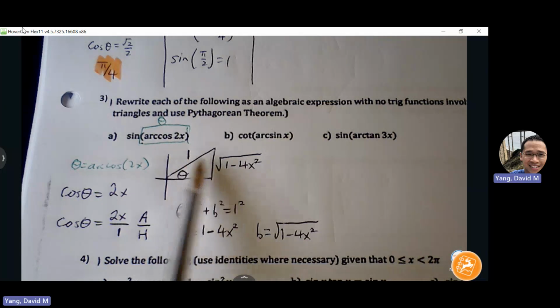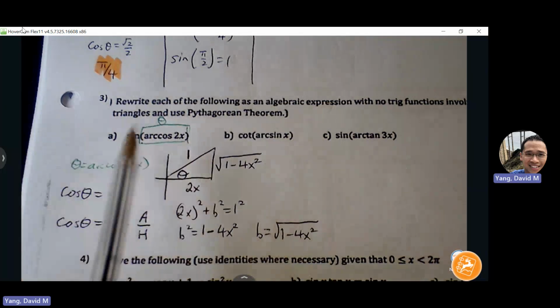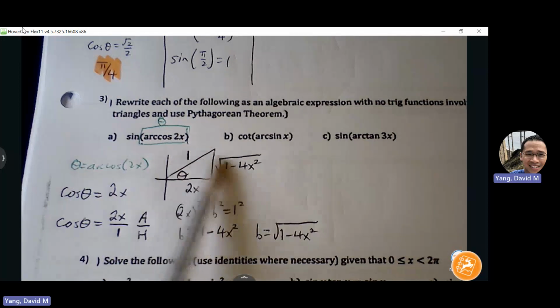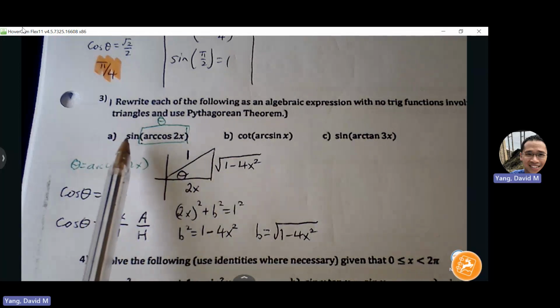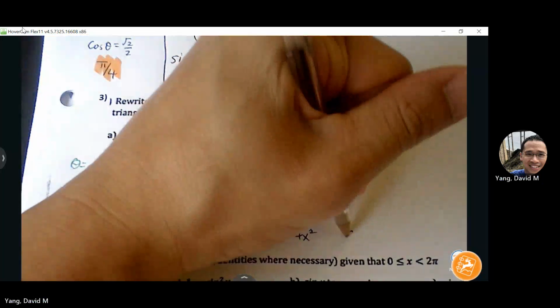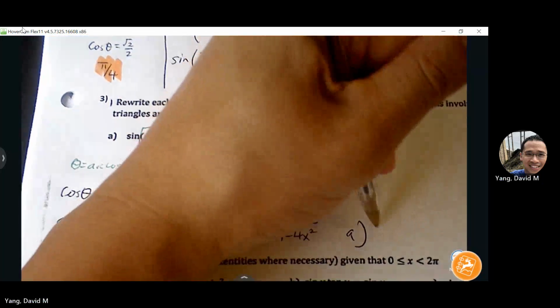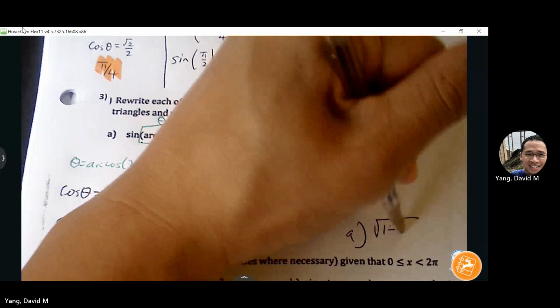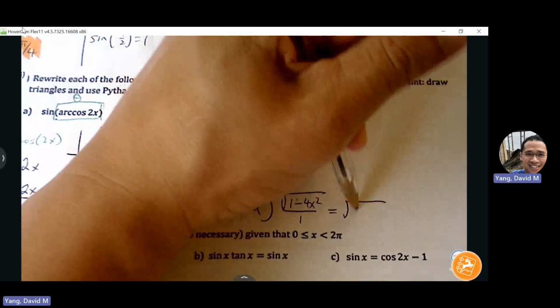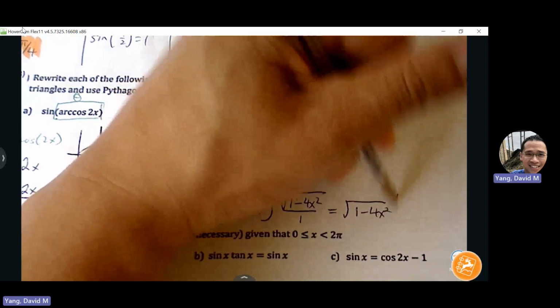The inside information is to help us fill in this triangle, and once we have that triangle filled out, then we just do the sine or the trig of that theta. Now I can drop the 1 because that 1 is in the denominator, so that's fine. Or you can just leave the 1 below.